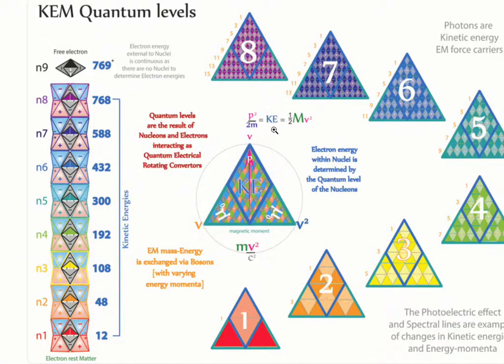In the case of kinetic energy itself, it's 1/2 of the chem field energy. It's equivalent to the electric field permittivity, and the magnetic moment obviously is equivalent to the magnetic permeability of the chem field.